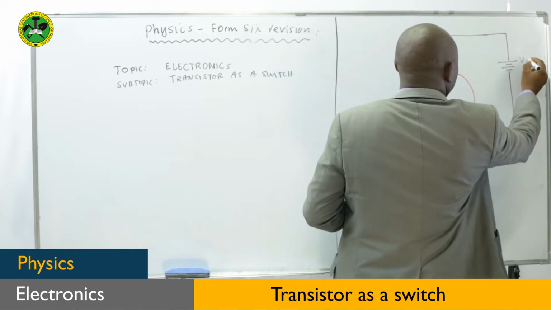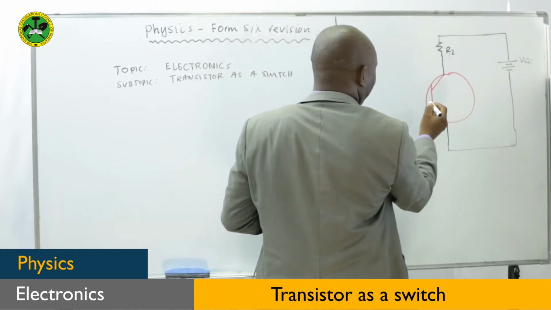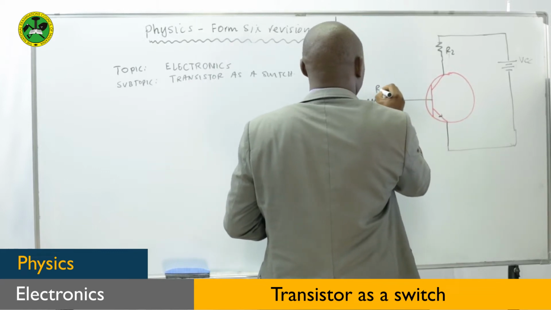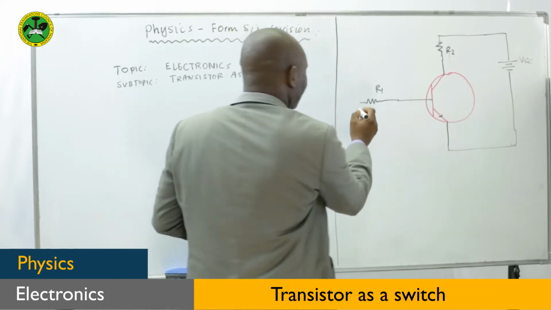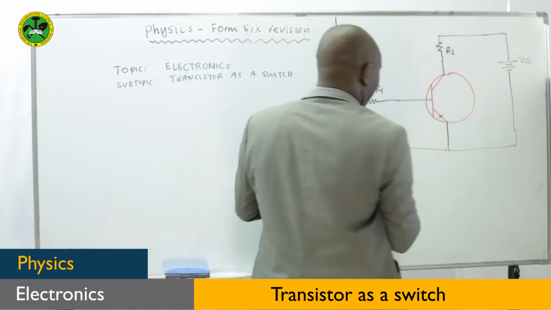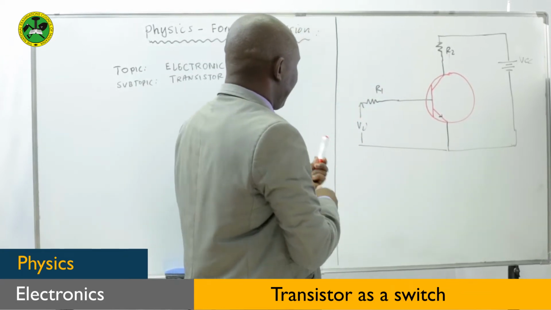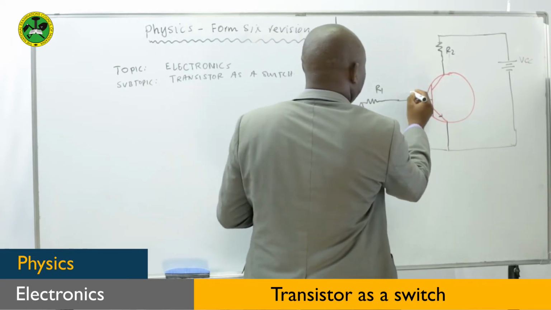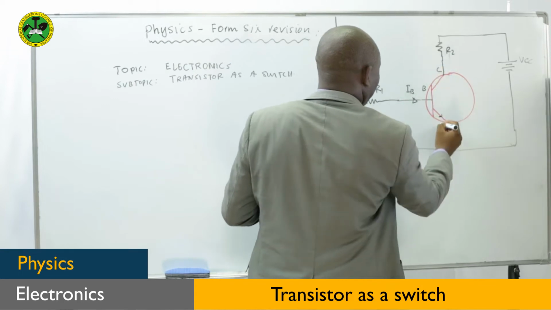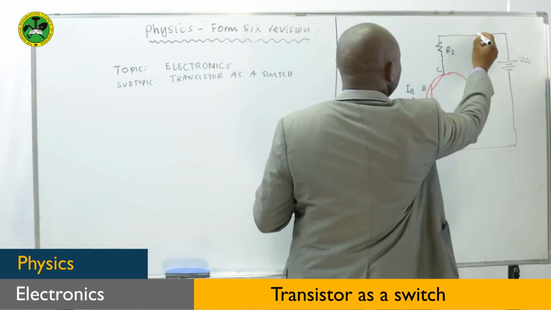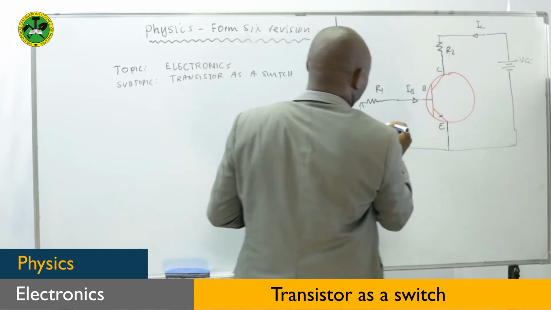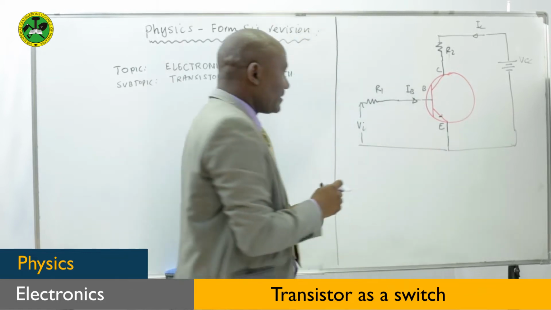This is our supply voltage, and we're given R1 as the input. This is our input voltage. This is the base current, because this is the base, this is the collector, this is our emitter. And this is our collector current, of course. So we have the circuit as required.